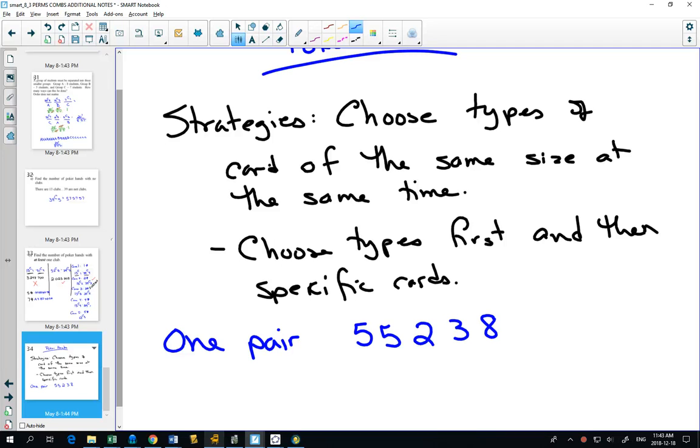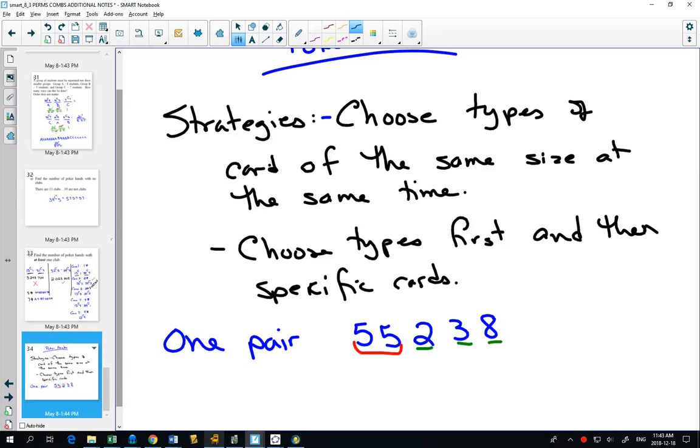Now in my statement here, I say choose types of card of the same size at the same time. We have 1 pair and 3 singles. So the singles, I would say, are the same size. The pair is different.